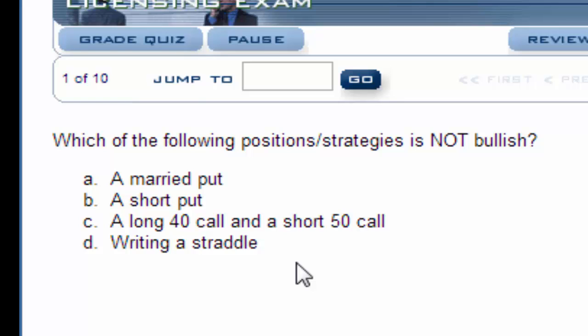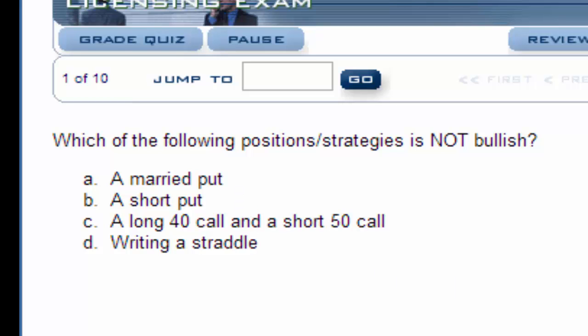You don't want the stock that you're writing the straddle on to move. You don't want it to go up or down. You prefer that it remains neutral. In other words, it stays at roughly the same price it's currently trading at. If that happens, both options will expire and you would walk away with the premium that you had received when you wrote the straddle. So you're not bullish or bearish. Again, you're neither. You're neutral, making it most likely the right answer.